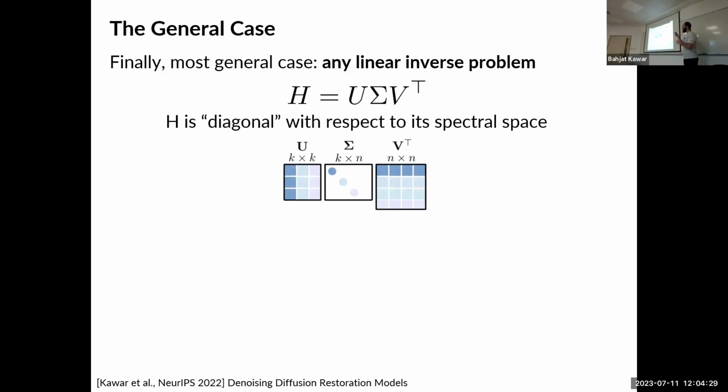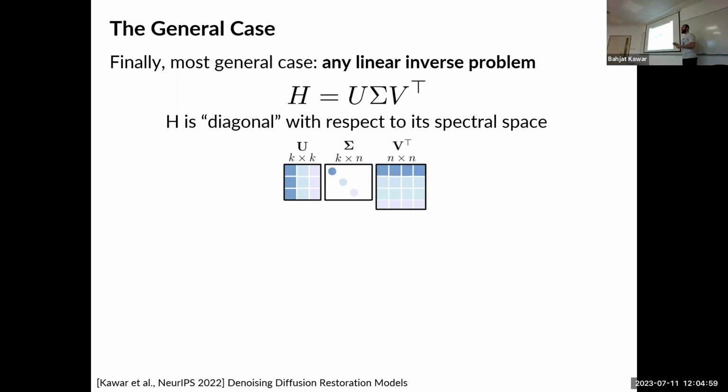So that's the decomposition of H. And here's this statement: H is diagonal with respect to its spectral space. Spectral space just means the SVD space. What this sentence means is that if you transform your X's, your intermediate images as well as clean images, by V transpose, and you transform your observations Y by U transpose, the relationship between the observations and the images is going to be this sigma, this diagonal.